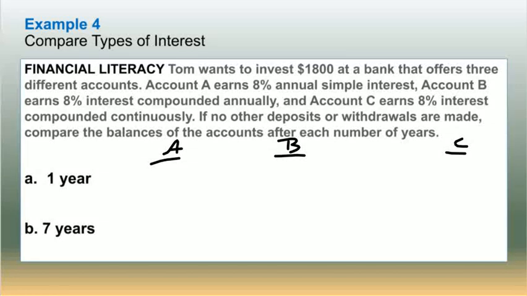So for A, simple interest, this would be 1,800 times 1 plus the rate, 0.08 times 1.